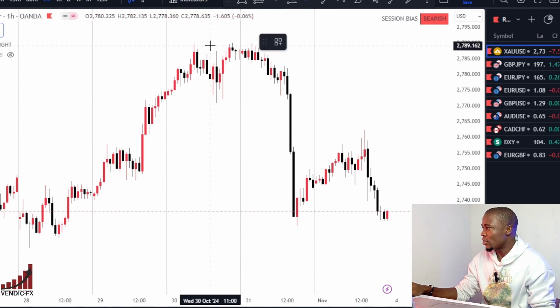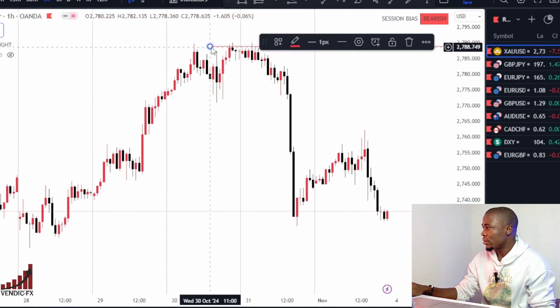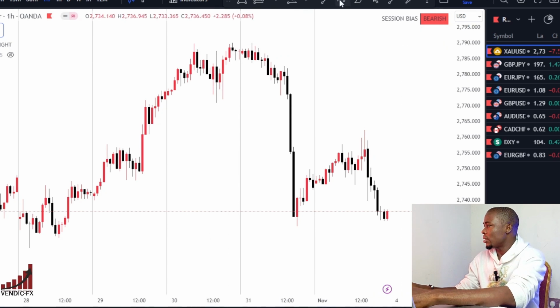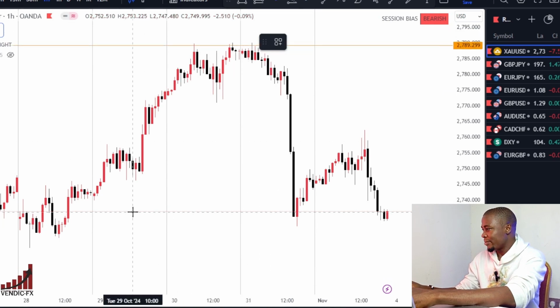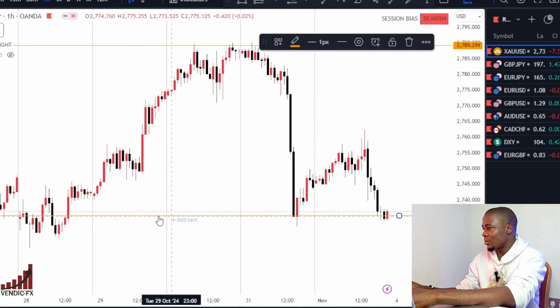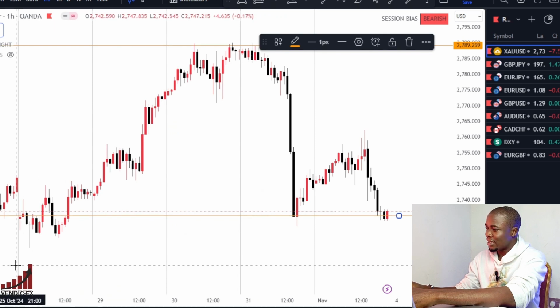They will call here a support zone. Let me use a horizontal line. So this will be a support zone and then this will be a resistance zone. They will mark this as the resistance zone, or they'll mark another one like this, another resistance zone.